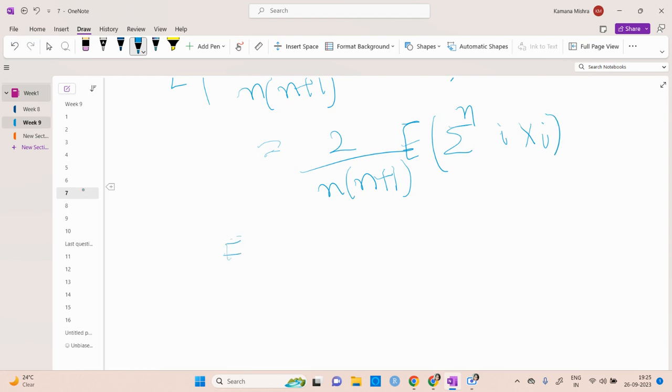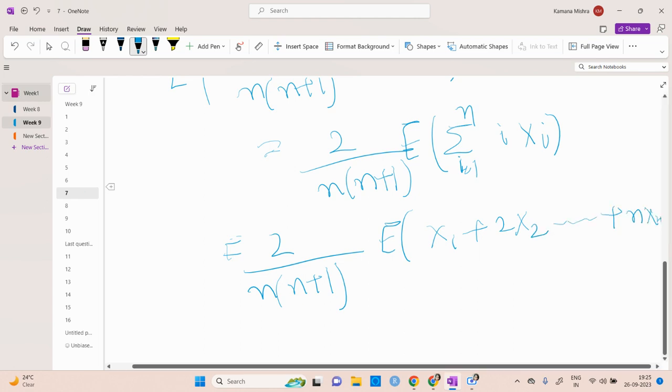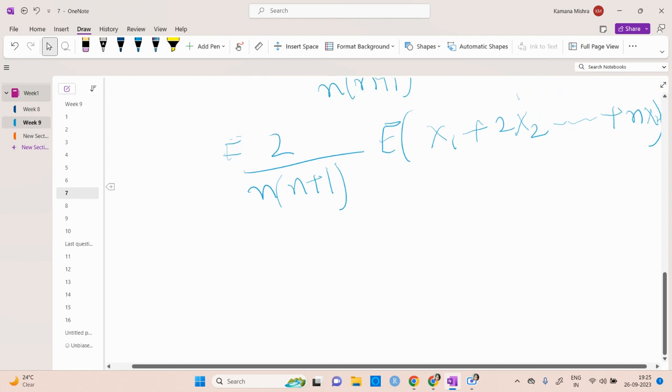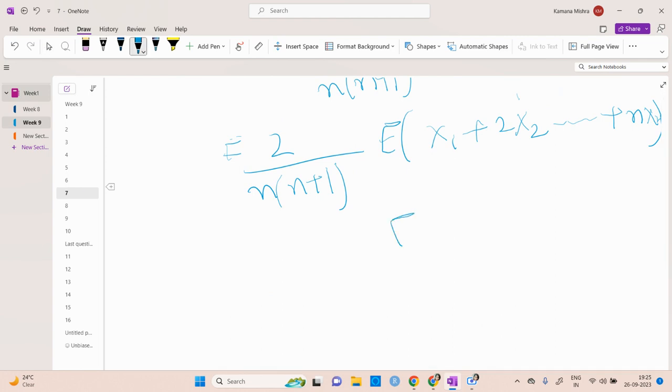So it will be 2 upon n(n+1), right? It will be expectation of X1 plus 2X2 up to nXn. Now, one thing we know is that expectation of X1, X2 up to Xn are all the same, all are mu. So expectation of Xi is mu, right?